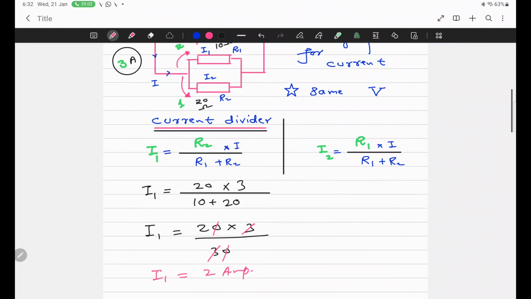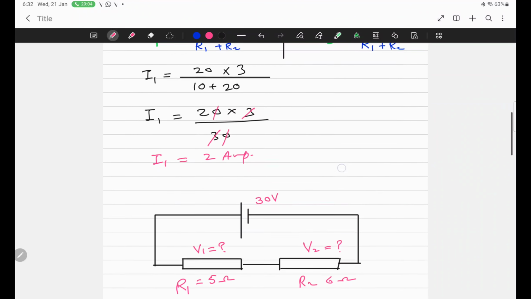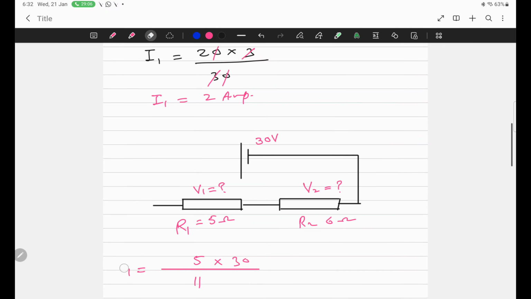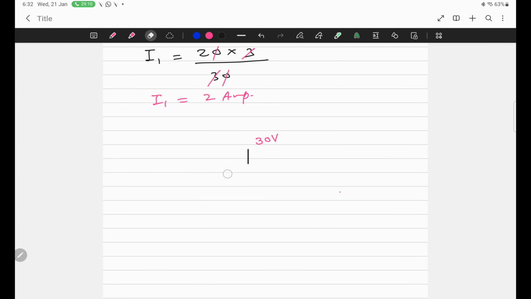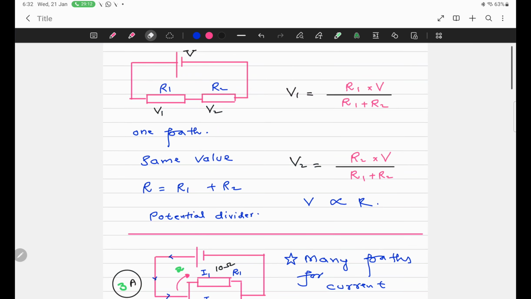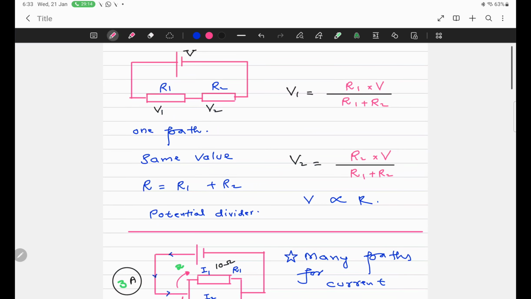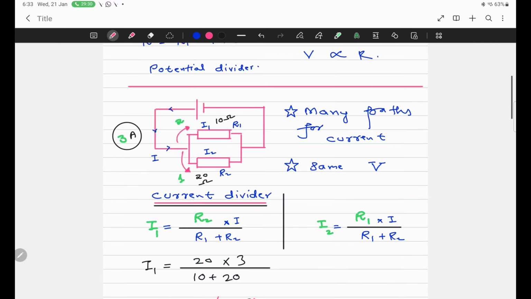If I ask you to calculate the total resistance of the circuit, so in IGCSE you have studied, sir, total resistance of series is R1 plus R2 plus R3, etc. So simple addition in series.